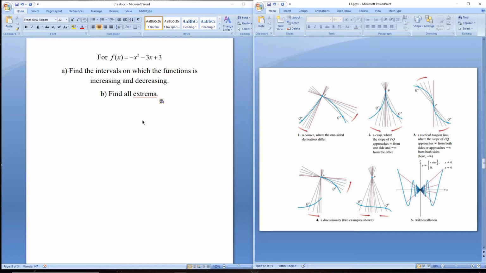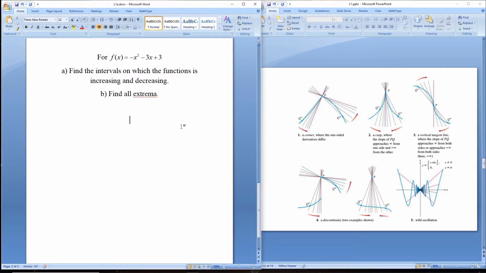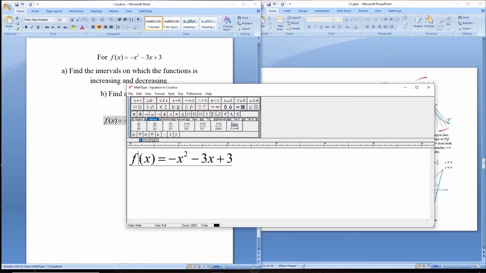So what's the first thing we're going to do here? The first thing we're going to do is find the critical numbers. So we'll take the derivative. So we'll have minus 2x, minus 3, and 0. So there's our derivative.